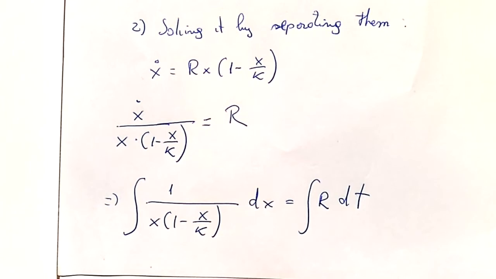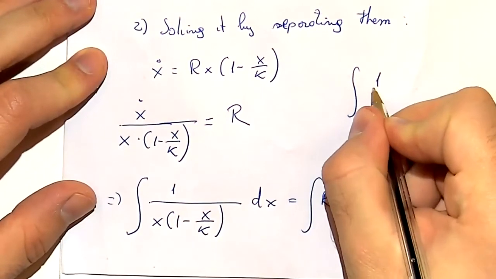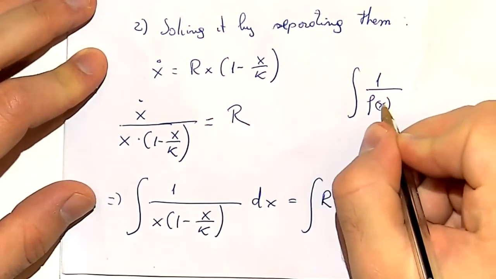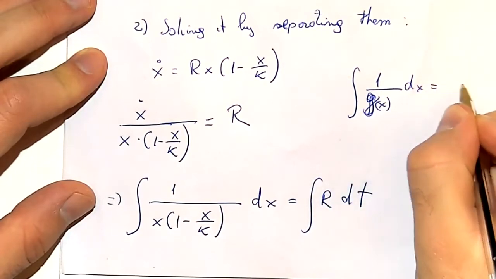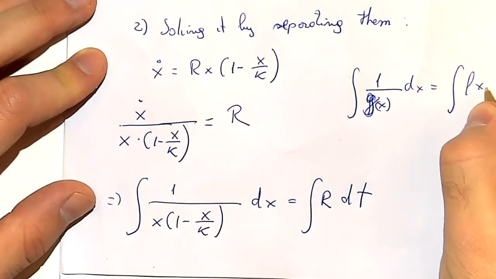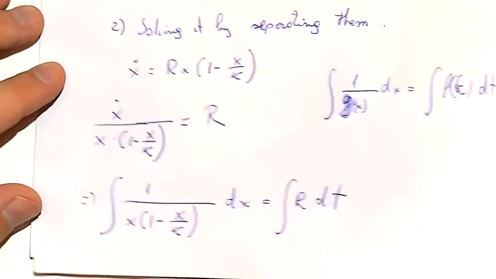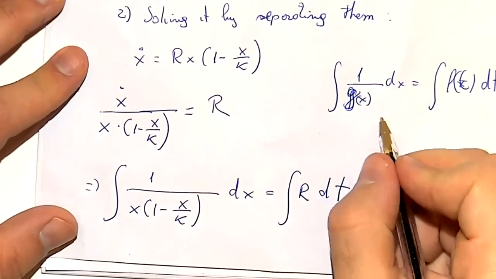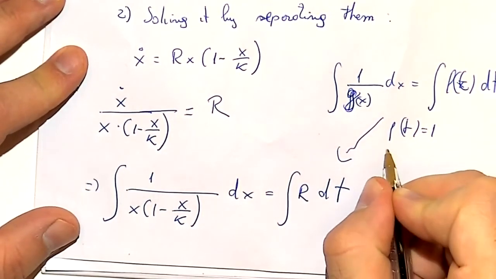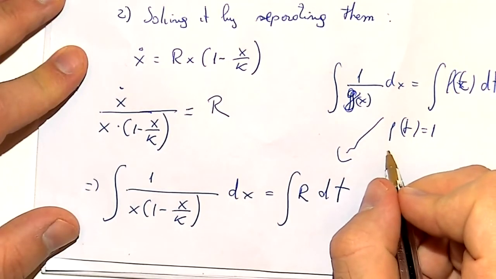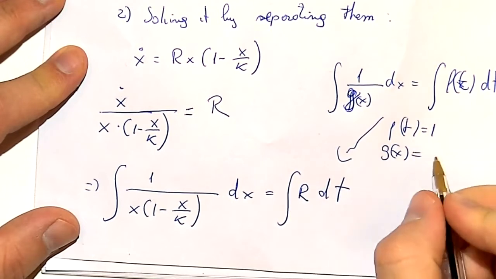That's fine, I don't care. But what formula am I talking about? It was that the integral of 1 over f of g of x dx is equal to the integral of f of t dt. You could have just used the formula and replaced f of t with 1 and g of x with the whole thing.